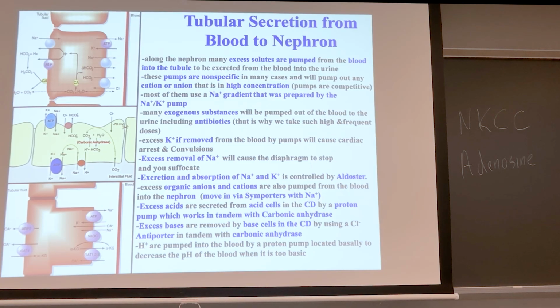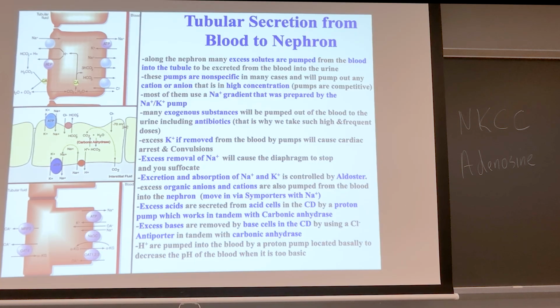A lot of the pumps, because a lot of this is pumps using ATP, a lot of the pumps that I've talked about here that are non-specific are basically competitive pumps, which simply means if you're in high concentration, the pump's going to use you, right? So it's all a competition thing. If you have a lot of sodium, then it's going to get pumped out.